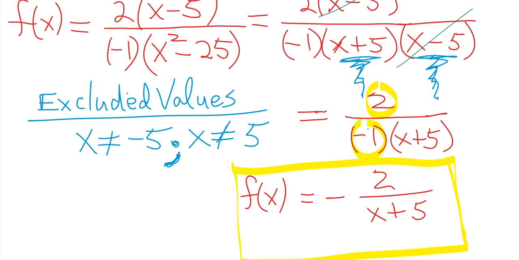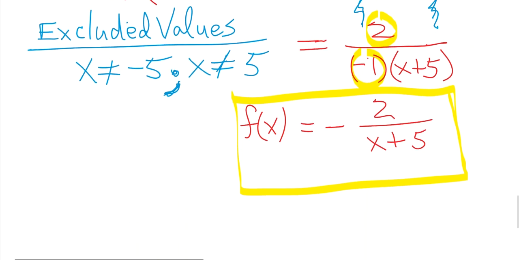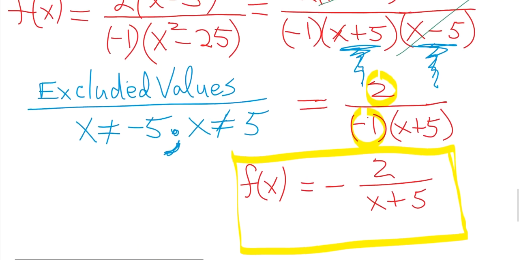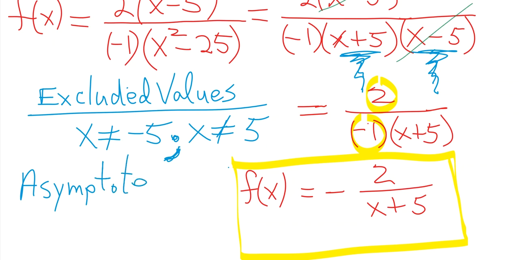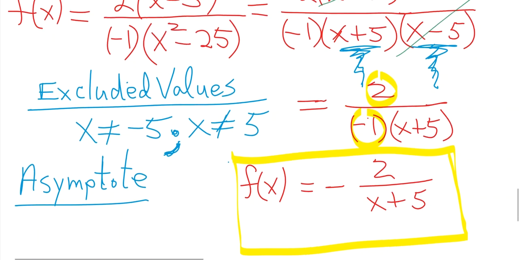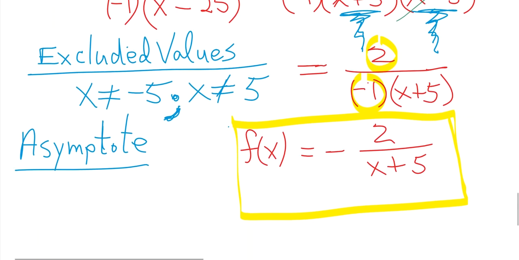So do we have an asymptote here? You think so? Any asymptote here? Yes, there is. There is an asymptote. I guess we'll keep it right here. What is our asymptote? The asymptote is the value of x for which the denominator equals 0.